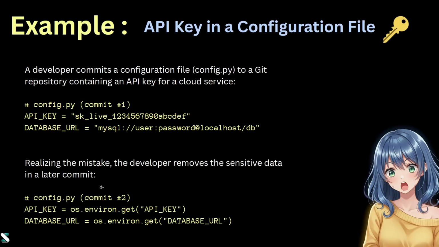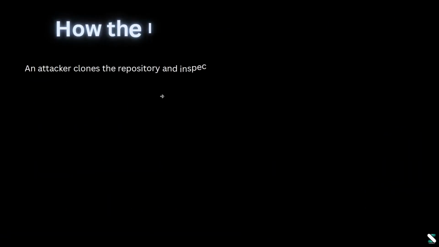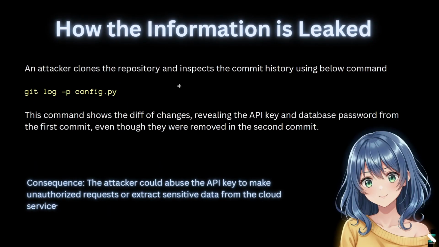Even though the developer has understood his mistake and changed the values, the attacker is able to access the commit history using this command, git log with the patch flag and the file name. This command shows the diff of the changes, revealing the API key and the database password from the first commit, even though they were removed in the second commit. So this is the issue.